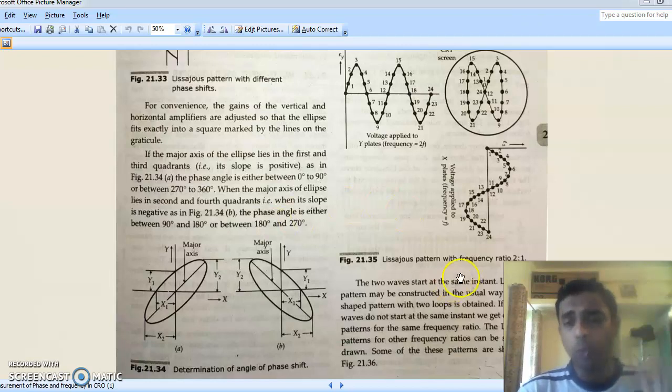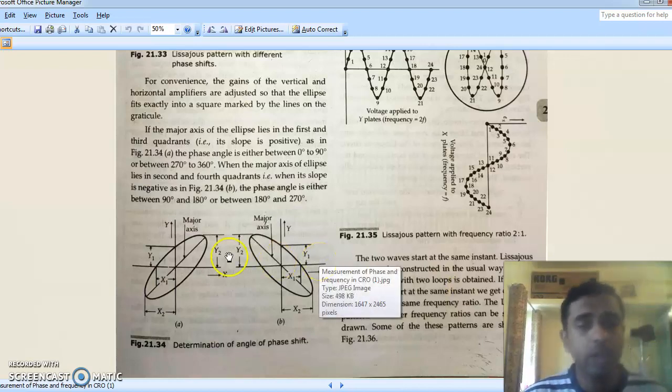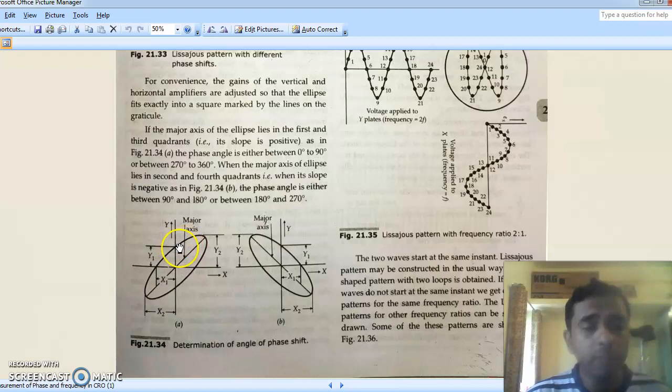Okay, now how do you calculate the phase correctly? Before going into that equation, we have to make some conclusions here. What is y1 here? The ellipse will be making some intercept on the y-axis. So that height is y1. What is y2? The full height, this much height, is y2.